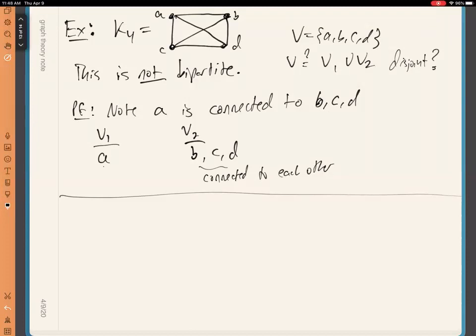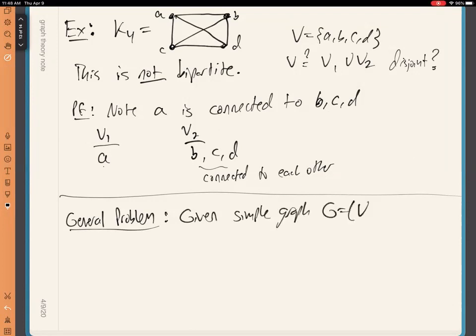And so the general problem that I want to address first is, let's say you're given a graph G that's simple. The question is, how do you determine, how can you check if it's bipartite or not?